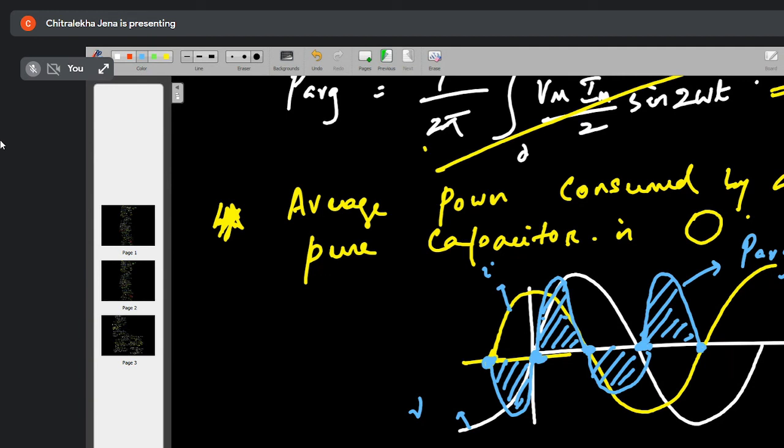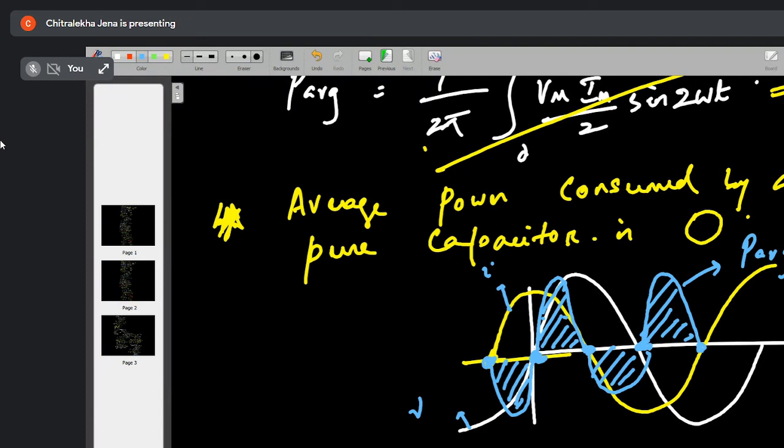So what do you get from this? You have got 4 conclusions. First one is, in an AC circuit with pure inductor only, the voltage leads or current lags by an angle of exactly 90 degrees or pi by 2 radians, and average power consumption is 0 for an AC circuit with inductor only.